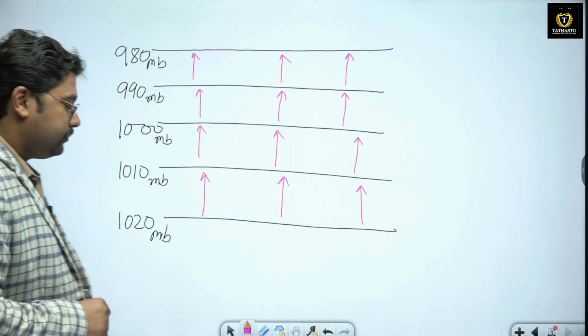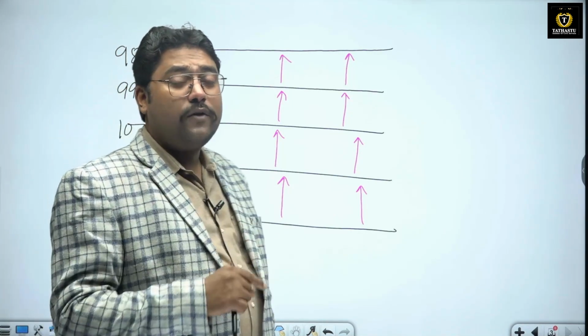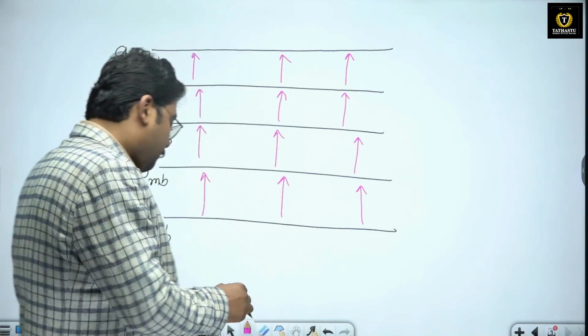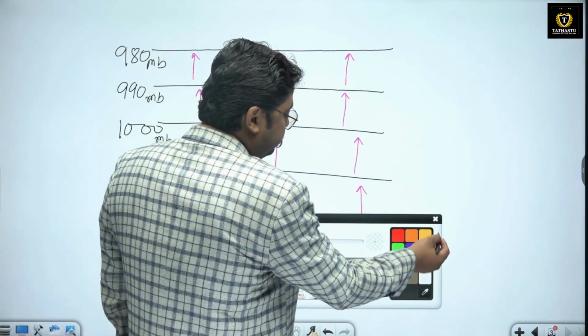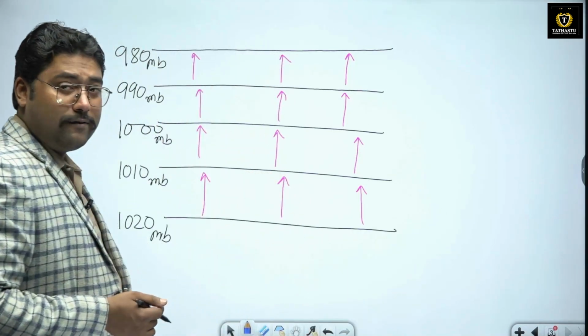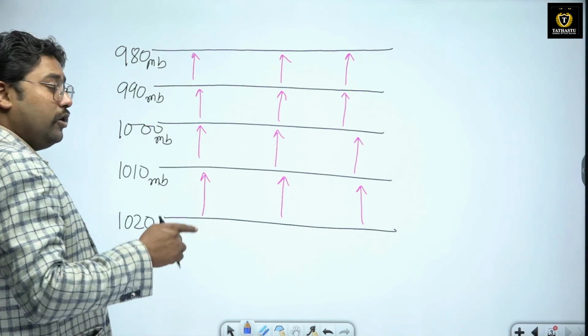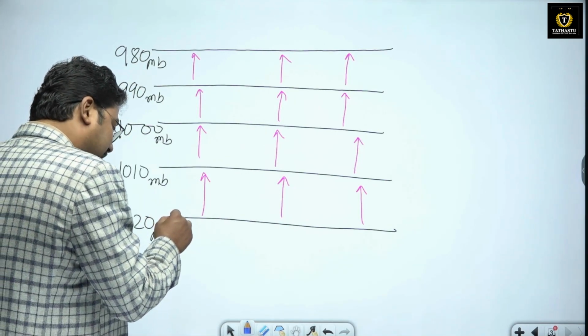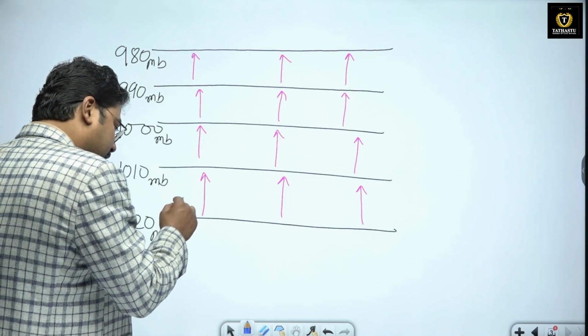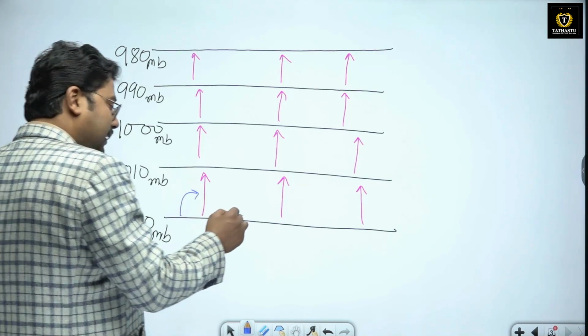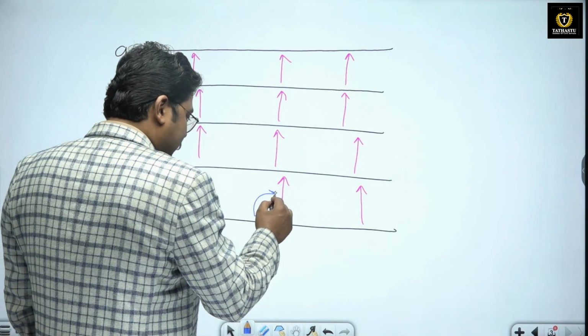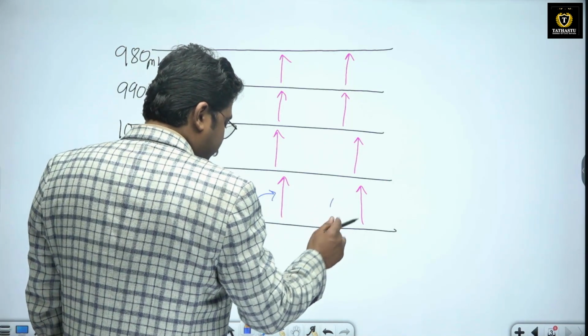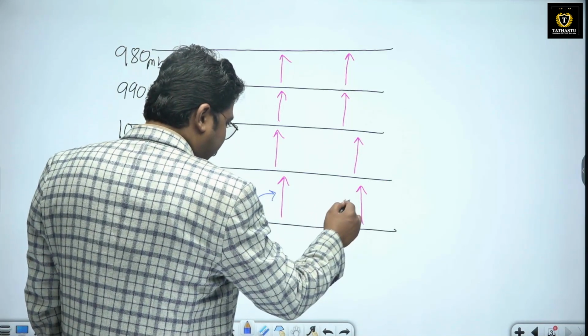Now the wind will move also, but when the wind will move, what will happen? Coriolis force will be applied. Suppose it is in northern hemisphere, so the wind will get deflected towards right of its path.